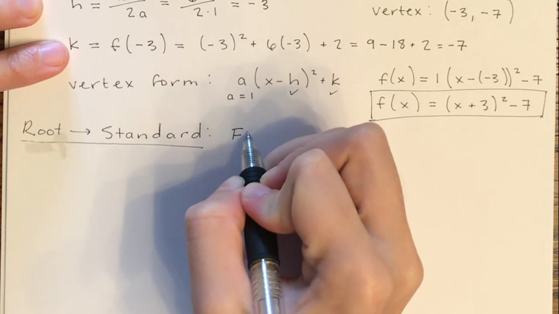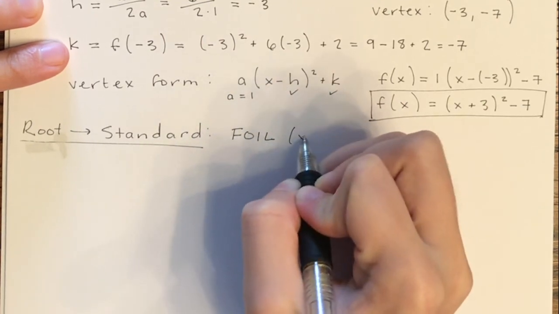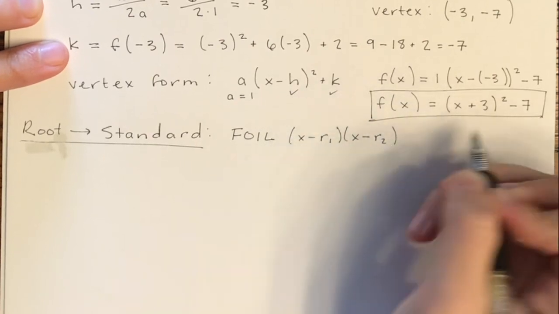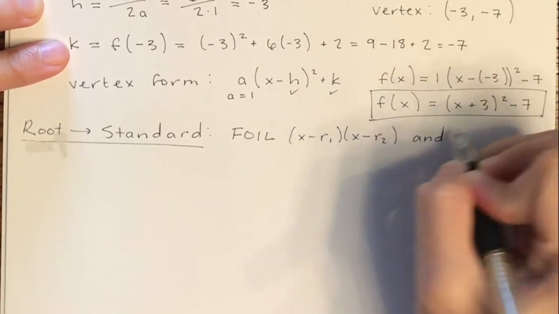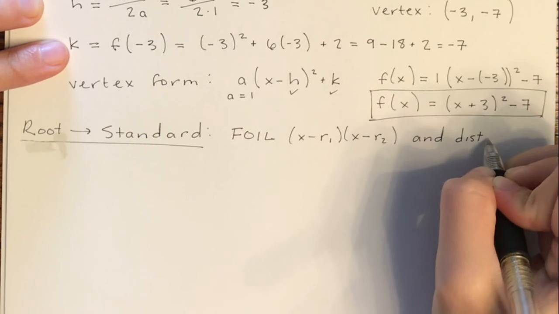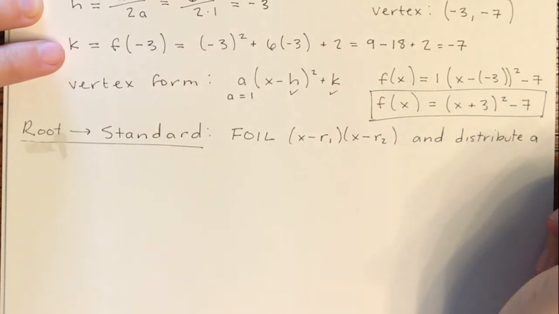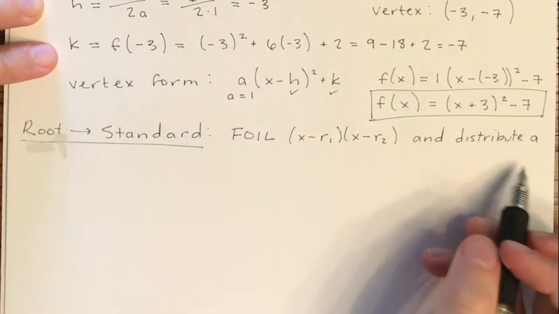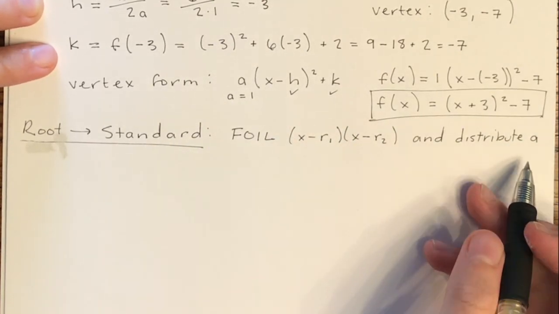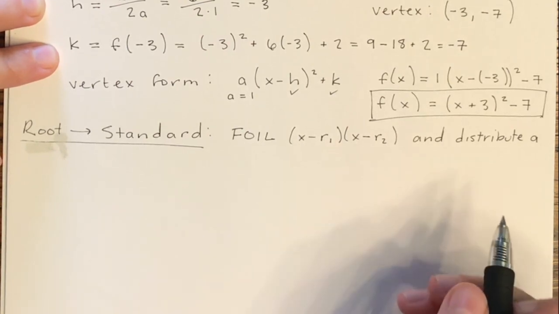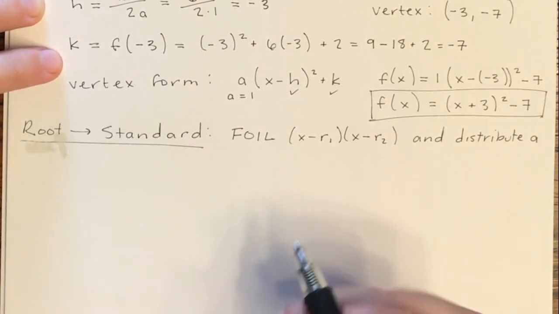We just want to FOIL x minus r1 times x minus r2 and distribute the leading coefficient, a. Again, we're kind of just simplifying. We've done this a bunch before with quadratics, we just haven't necessarily called it converting from root to standard form.